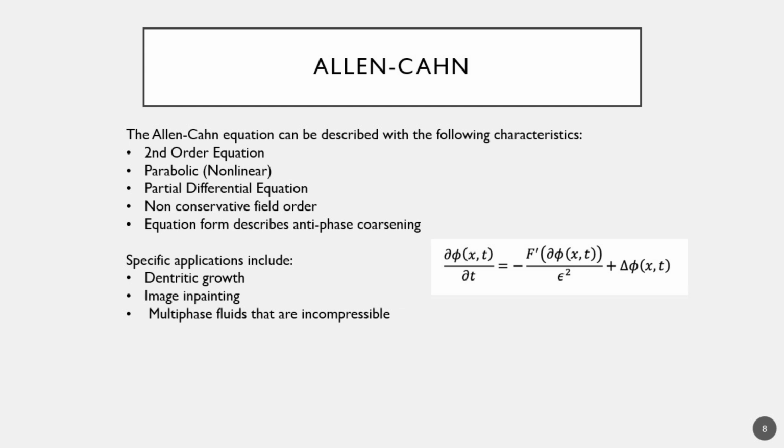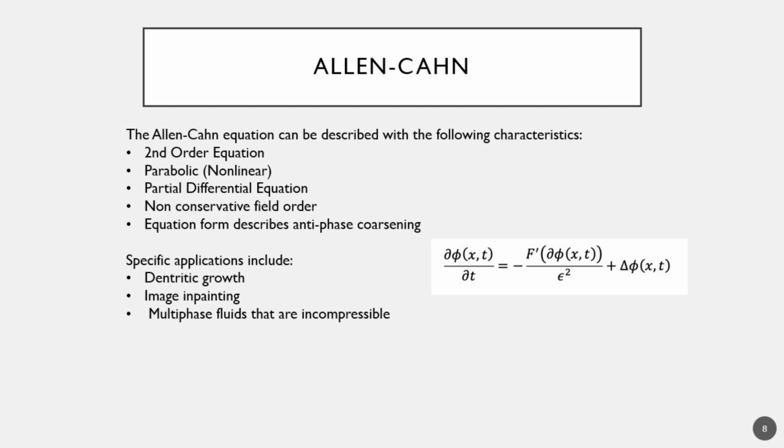Moving back to the Allen-Kahn equation, we can discuss some of the specific characteristics of this equation. The Allen-Kahn equation is a second-order equation. It is parabolic, meaning it is nonlinear. It is a partial differential equation. And this equation is non-conservative when describing its field order.